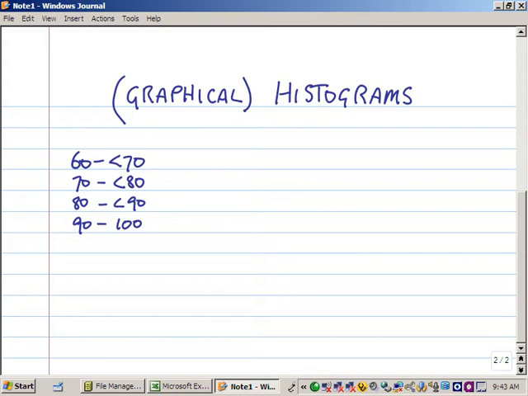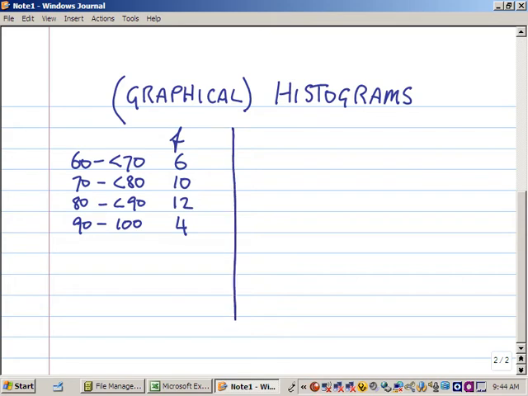Because to be symmetrical or consistent with the others, we'll just have to say less than 100. Alright, let's say that the frequencies for these intervals, these grades, were as follows: 6, 10, 12, and 4. Alright, and what we want is a graphical representation of that data.